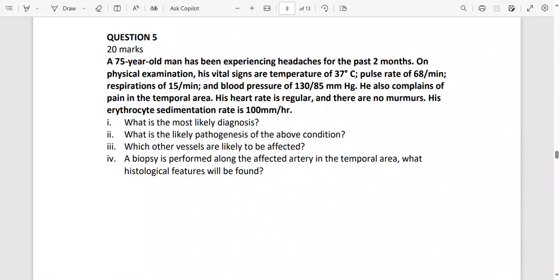He also complains of pain in the temporal area. His heart rate is regular and there are no murmurs. His erythrocyte sedimentation rate is 100 millimeters per hour. What is the most likely diagnosis?